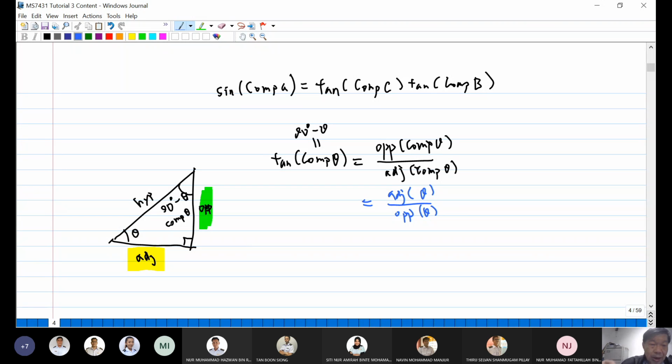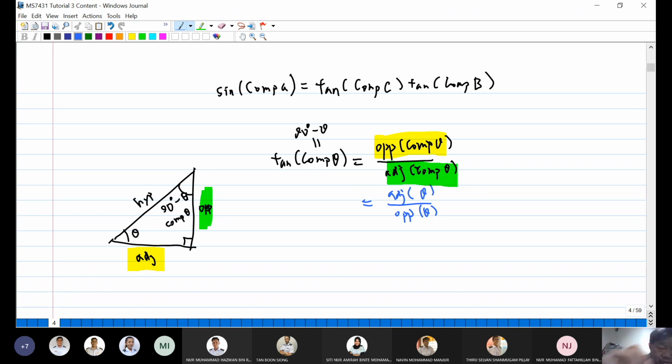So I can use color. Opposite co-theta is the still yellow color one, and adjacent co-theta is green color one. But then you change that, it becomes opposite of theta now.